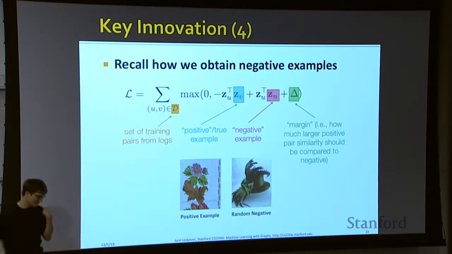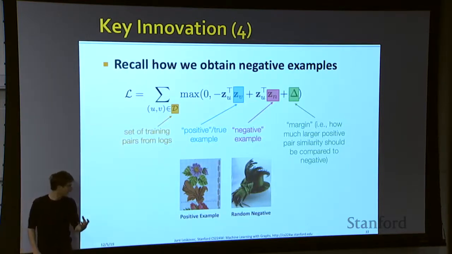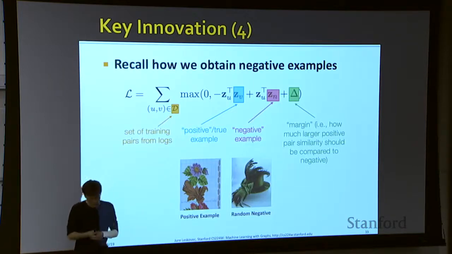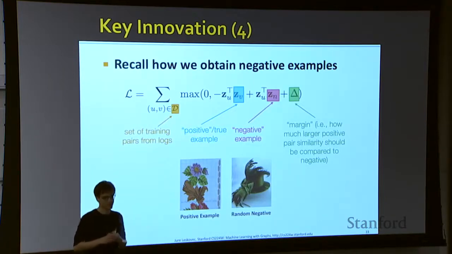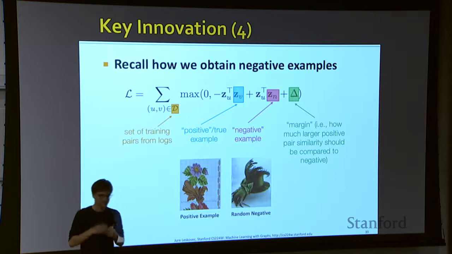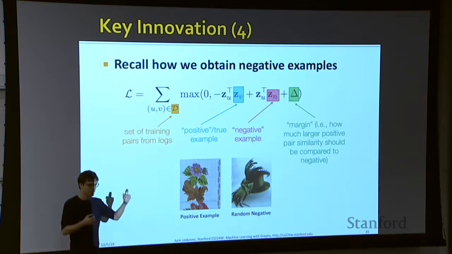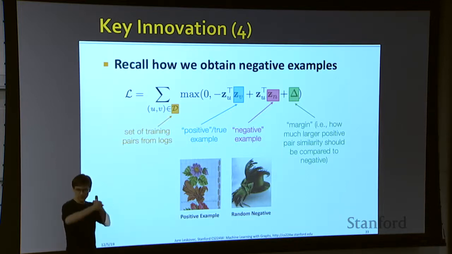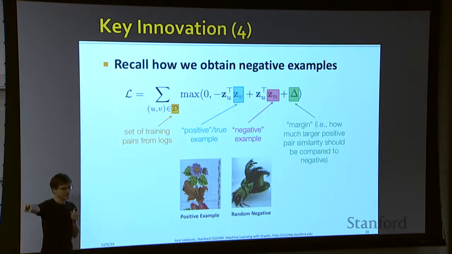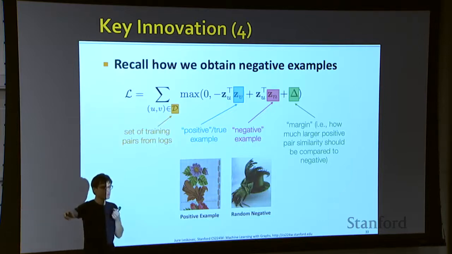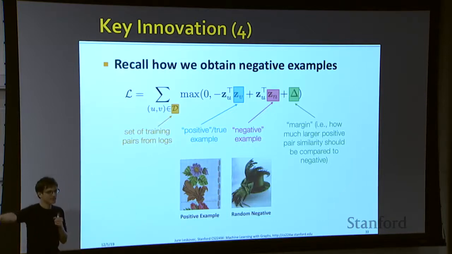But when we retrieve in the deployment, all we care about is what are the top 100 closest objects. So I have a query point, and I measure the distance to every other point. But I will never care whether the point at rank 1 million is more relevant than the point at rank 1,000,010.